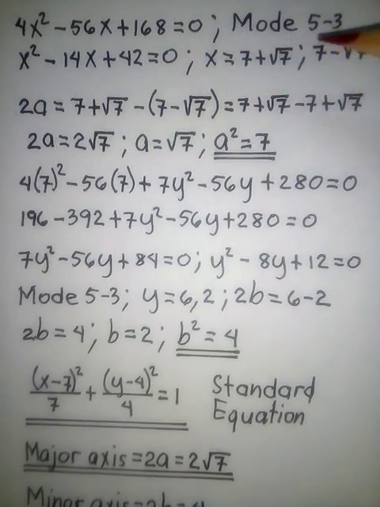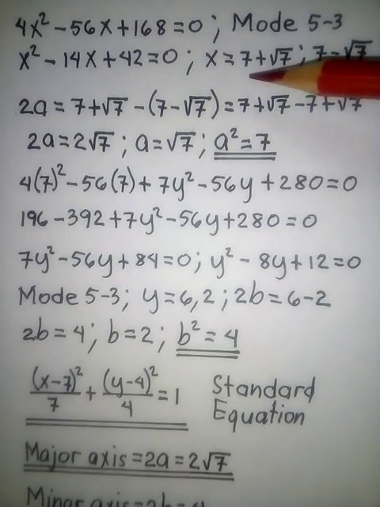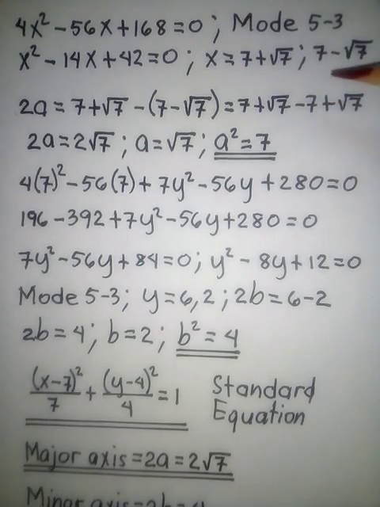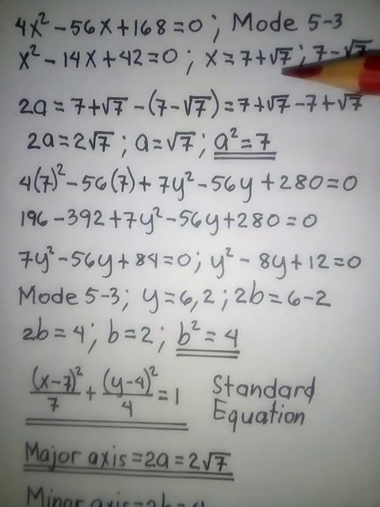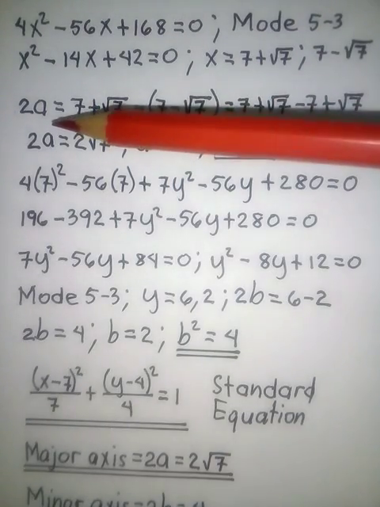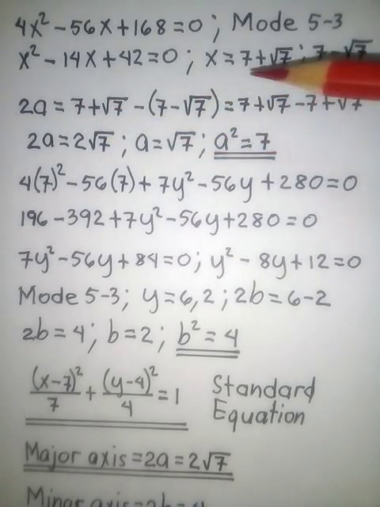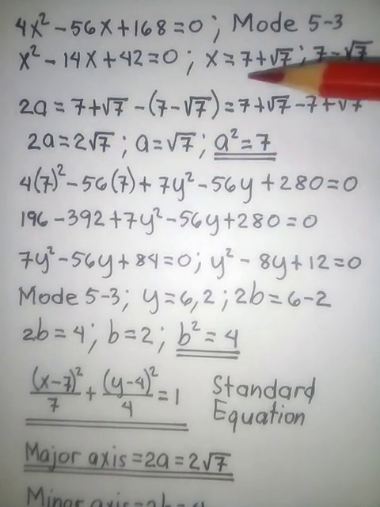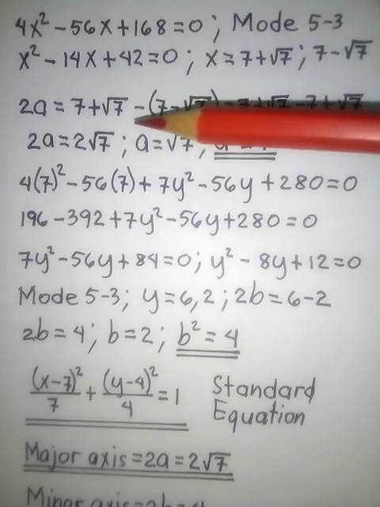To get the value of the major axis, or 2a, simply get the difference of these two answers. So we will have 7 plus square root of 7 minus parenthesis 7 minus square root of 7. Simplifying this, we get 7 plus square root of 7 minus 7 plus square root of 7.